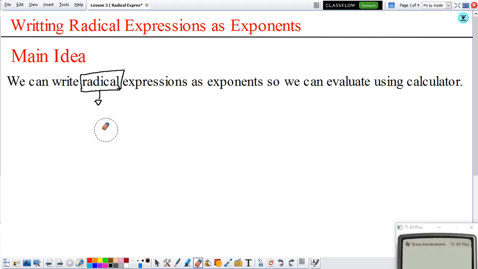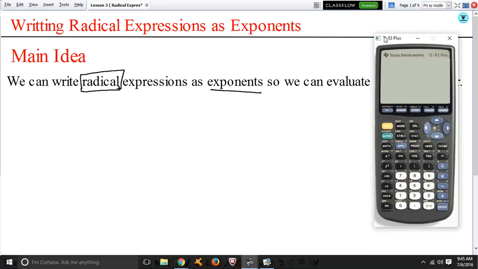So our lesson is about how you can rewrite root expressions as exponents. If you notice on your calculator, if you're trying to find the value of a square root, you only have the square root button. And there are times when the root is higher than 2, so you don't have a button for that.